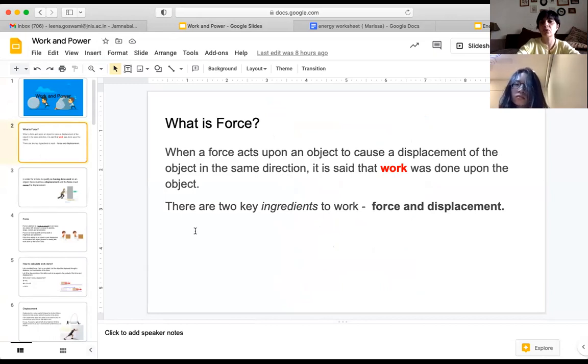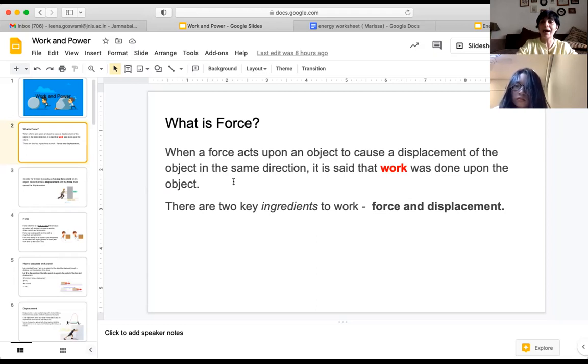Since you've written definitions also in your syllabus, you need to know the definition of work, and you also need to solve some numericals of the formula. So this is the definition: when a force acts upon an object to cause displacement of the object in the same direction, it is said that work was done upon the object.